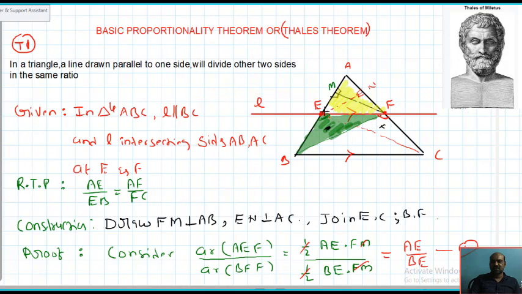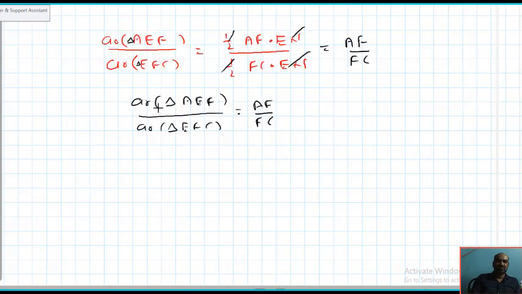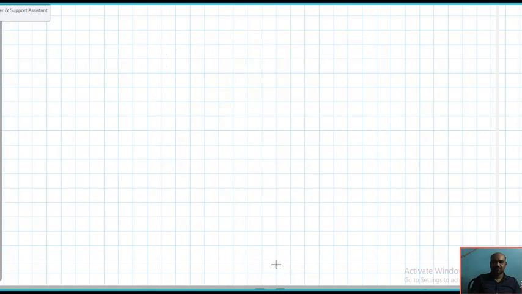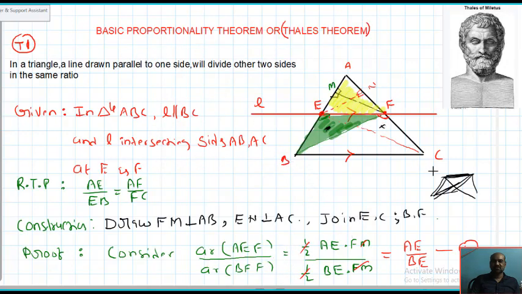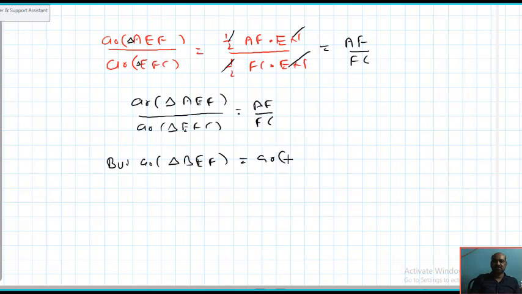Important thing, now I want to see this triangle and this triangle have the same area. Observe, no? Triangle EFB and triangle EFC. I will draw. This is one triangle, and this is another triangle. See, both triangles have the same base and are between the same parallels. BC is parallel to EF only. So that's why the two triangles have equal area. I will write that. Which triangle? Area of triangle BEF equals area of triangle CEF.